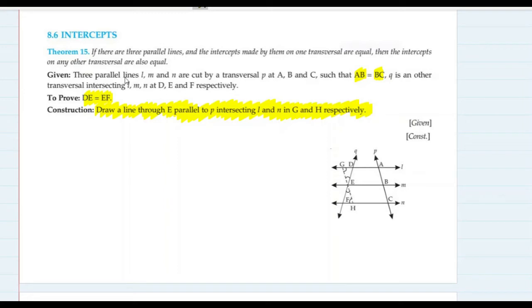So remember, your construction says: draw GH parallel to AC such that it passes through E. So this is what we need to draw.